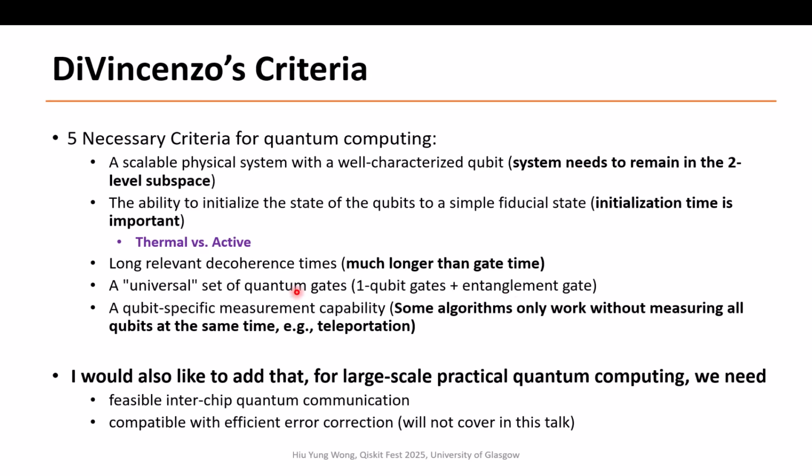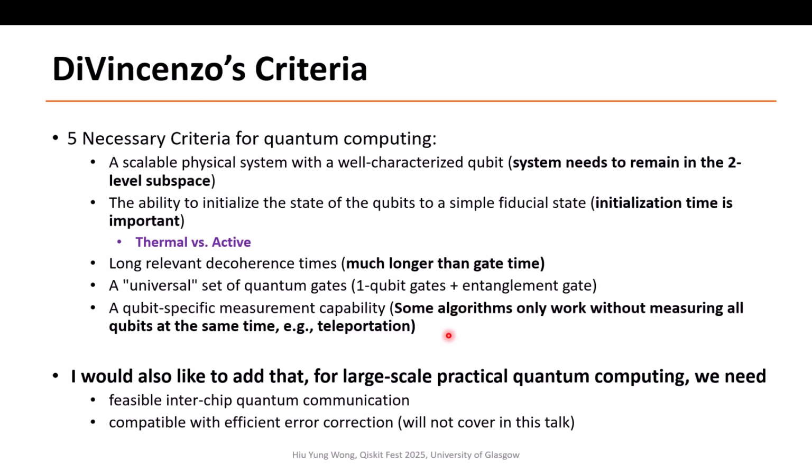This is because any quantum algorithm can be decomposed into one-qubit gates and an entanglement gate, or they can be approximated efficiently using this set of gates. This is just like what we learned in classical logic. Any circuit can be decomposed into NOT gates and AND gates, or NOT gates and OR gates.